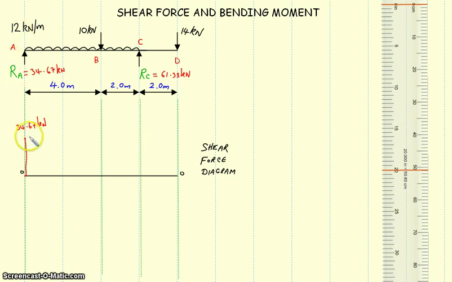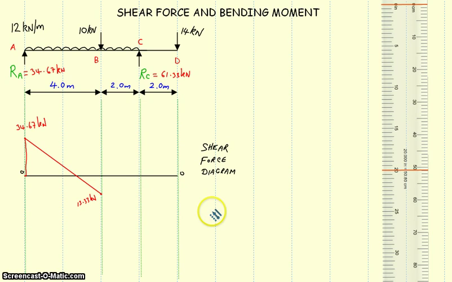So if we're up 34.67 kilonewtons here, and as we travel across to this line down from B, we're going to drop by 48, well then that is going to bring us down to a point 13.33 kilonewtons below the line. And I'm just going to draw that in there.